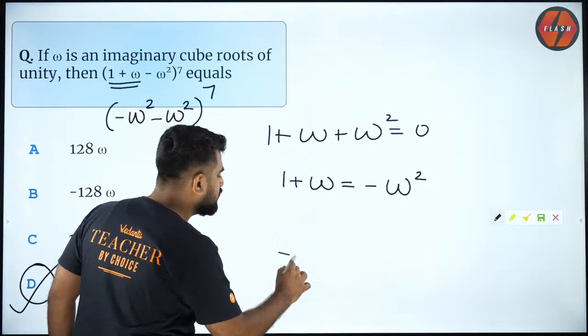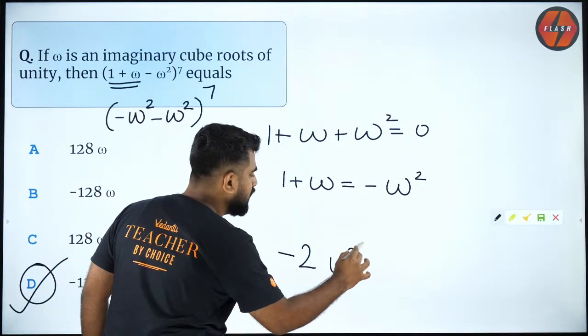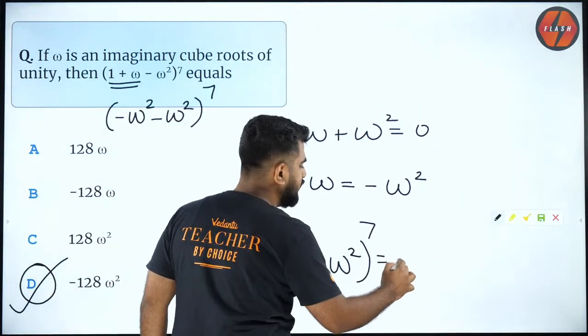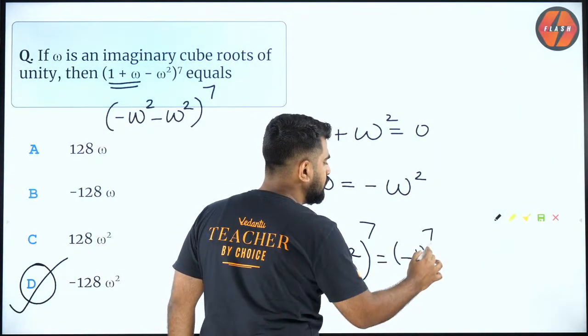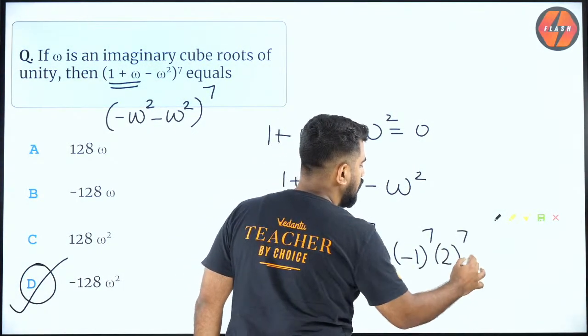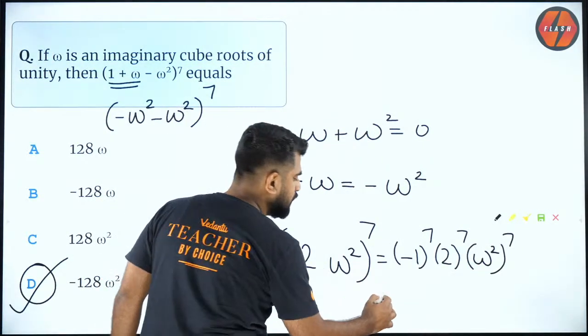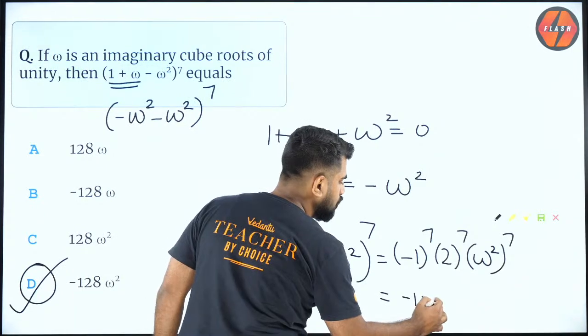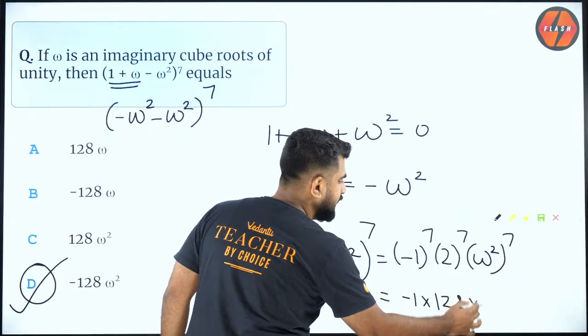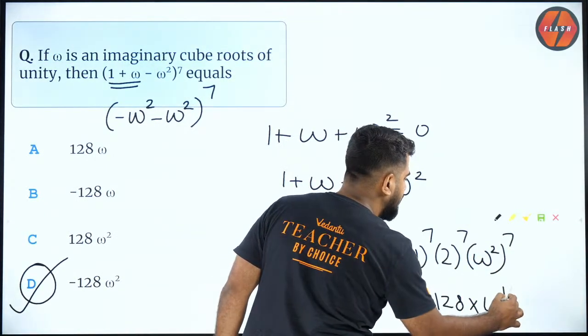So the answer is minus 2 omega square whole power 7, which will be minus 1 power 7, 2 power 7, omega square power 7. That will be minus 1 into 2 power 7, which is 128, into omega square power 7, which is omega power 14.